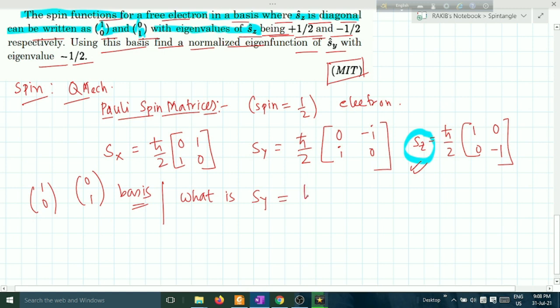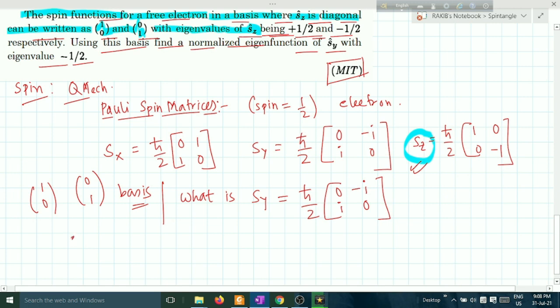Here Sy is h cut upon 2 times the matrix 0 minus i, i 0. You can multiply this h cut by 2 inside this matrix. We have the required eigenfunction.